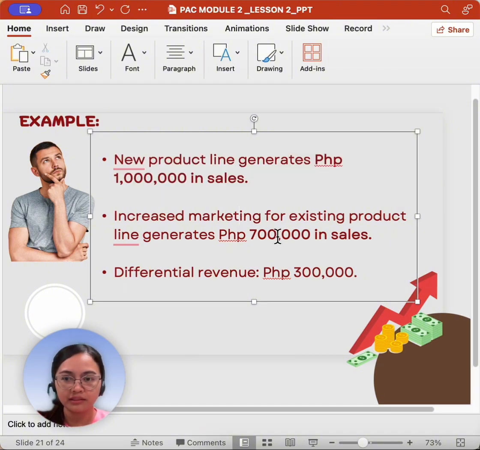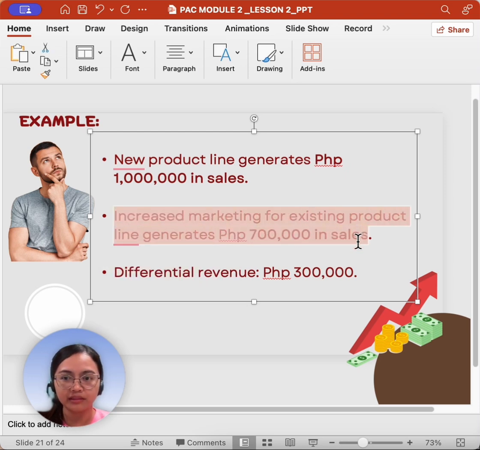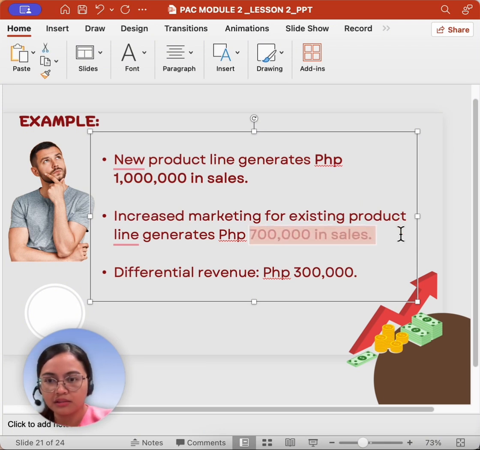However, if you use the existing product and just increase your marketing, although the sales are only 700,000, your cost is lesser, so you can make more profit, then you should use the existing product line.